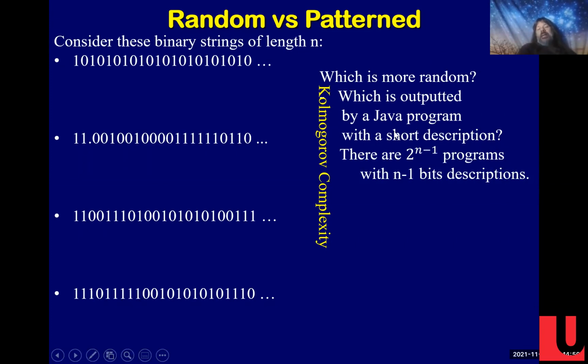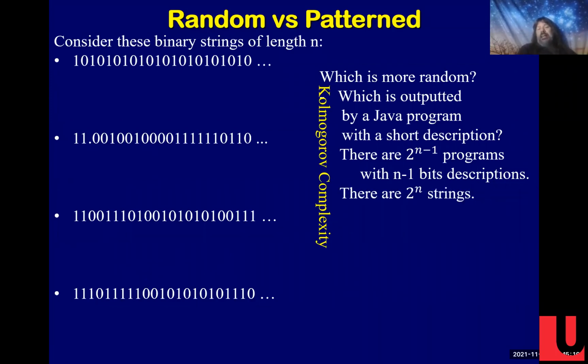So again, we can say the same thing. How many computer programs, how many Java programs can be described by n-1 bits? Well, only 2 to the n-1 of them, because there are only 2 to the n-1 strings with n-1 bits.